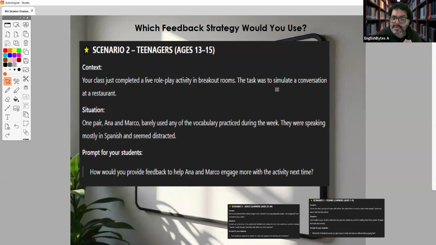The task was to simulate a conversation at a restaurant. One pair of students, Anna and Marco, barely used any of the vocabulary practiced during the week. They were speaking mostly in Spanish and seemed distracted. Now, how would you provide feedback to help Anna and Marco engage more with the activity next time?